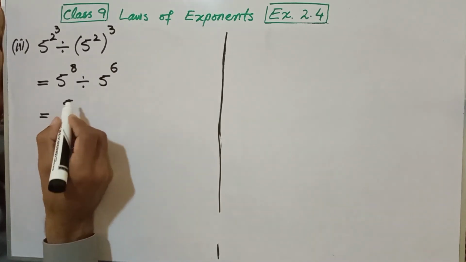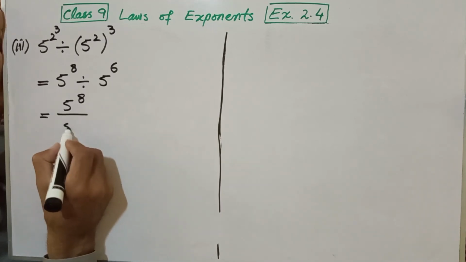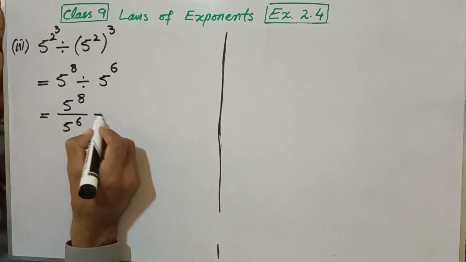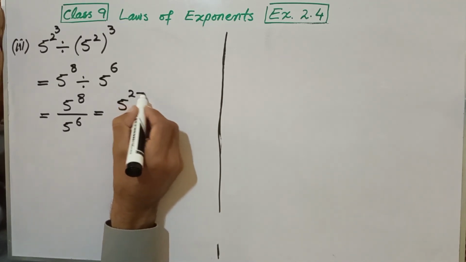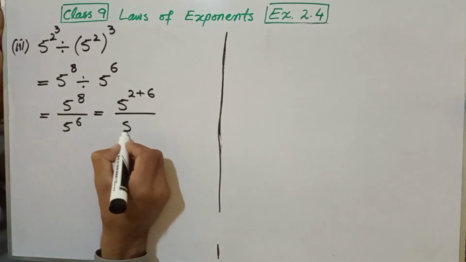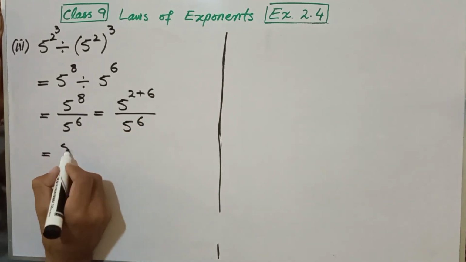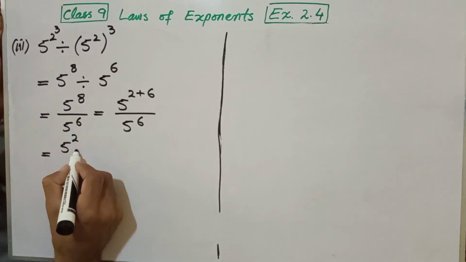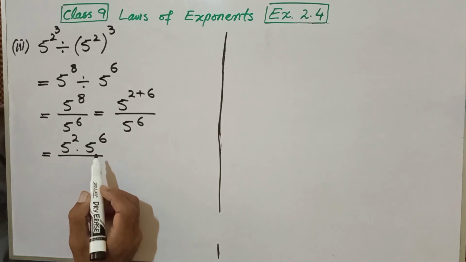This is 5 power 8 divided by 5 power 6. We know that 5 power 8 can be written as 5 power 2 plus 6 divided by 5 power 6. Further, this can be written as 5 square into 5 power 6.